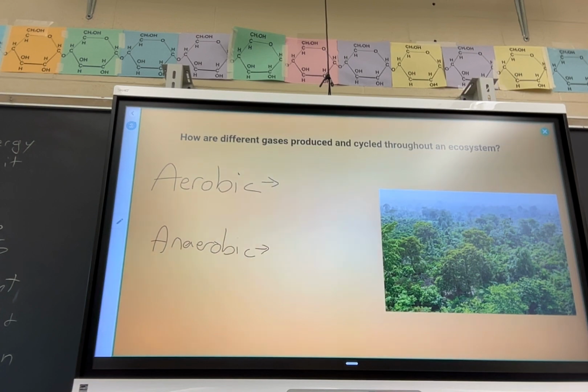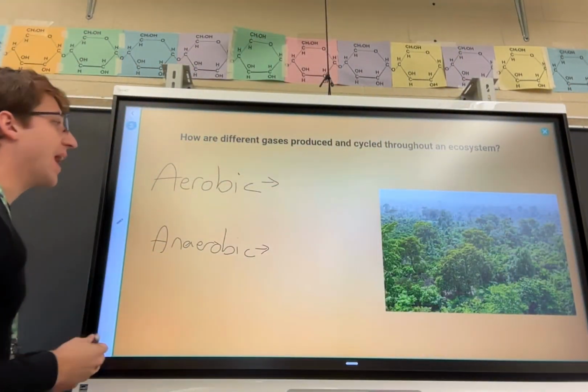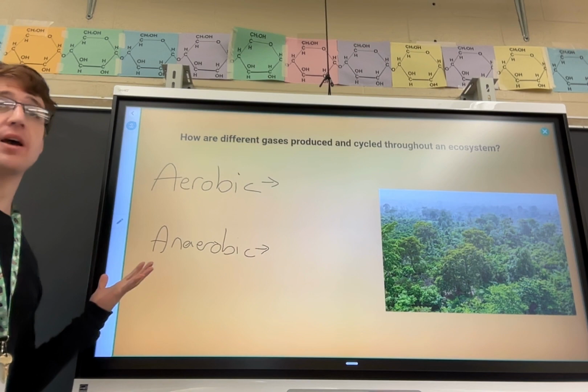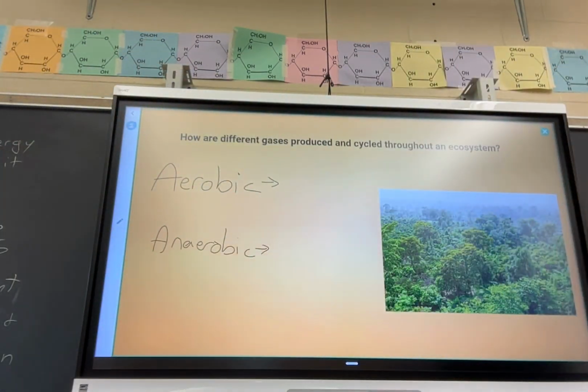What word do you see in aerobic? Aero. Okay. So what does aero mean? Aerodynamics. What is aerodynamics? Being able to move through the air easily. Moving through the air. So aerobic reactions, aerobic respiration in this case, is going to be a reaction done in the presence of air.